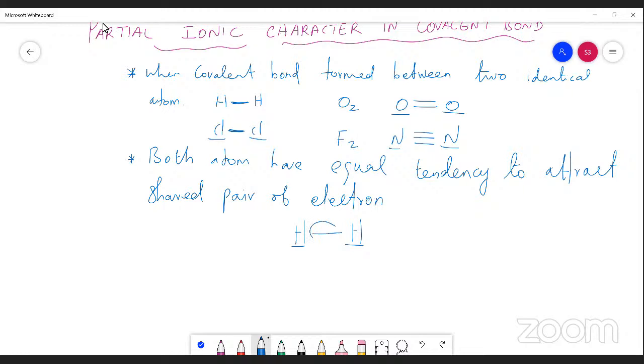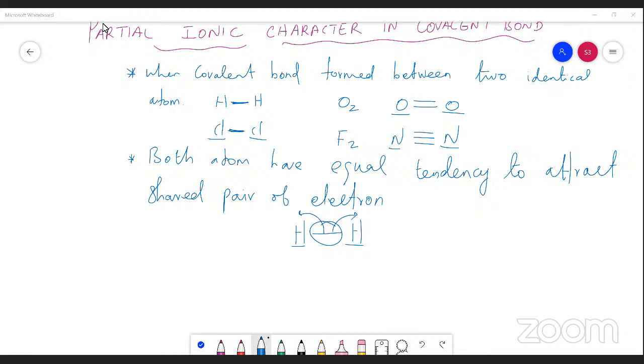In this bond, the bond contains total how many electrons? 2 electrons. One electron moves towards here, another electron moves towards there, because both atoms have equal tendency to attract or accept the shared pair of electrons.